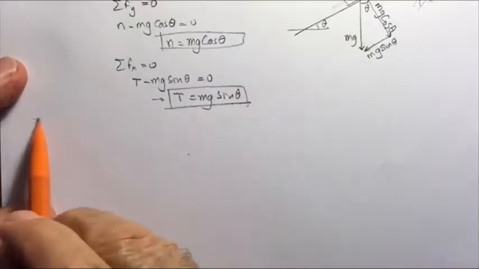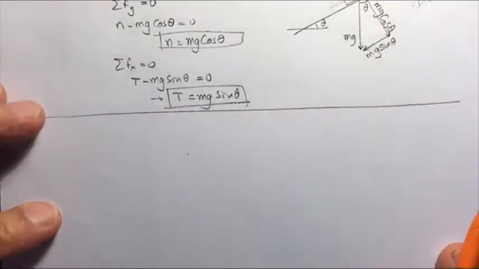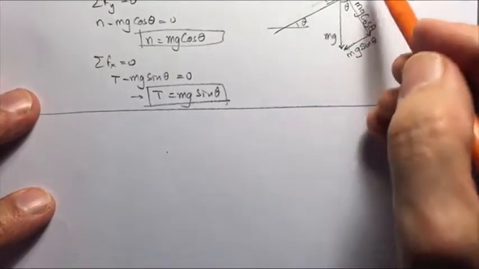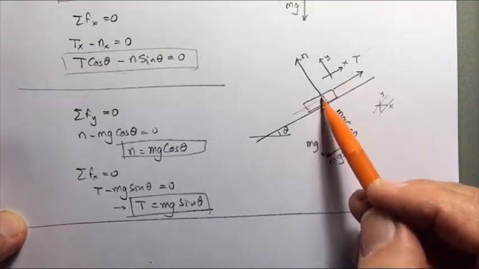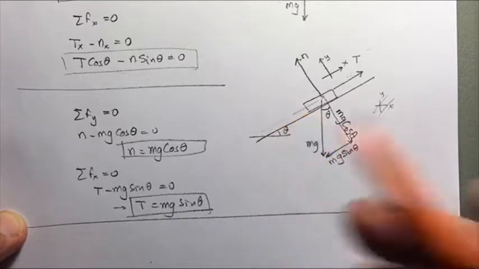Now let's consider a similar situation in the non-equilibrium case. We don't have the string here, so this sled is going to slide downwards, and we want to find the acceleration.